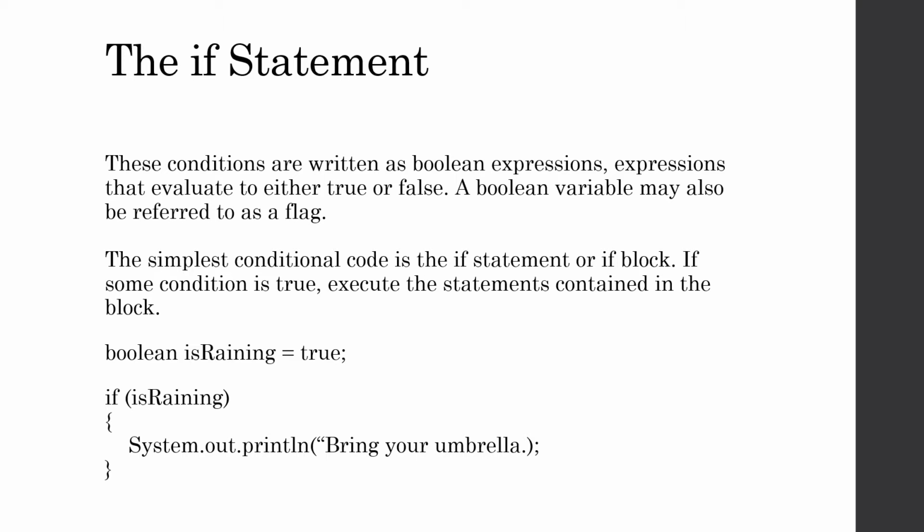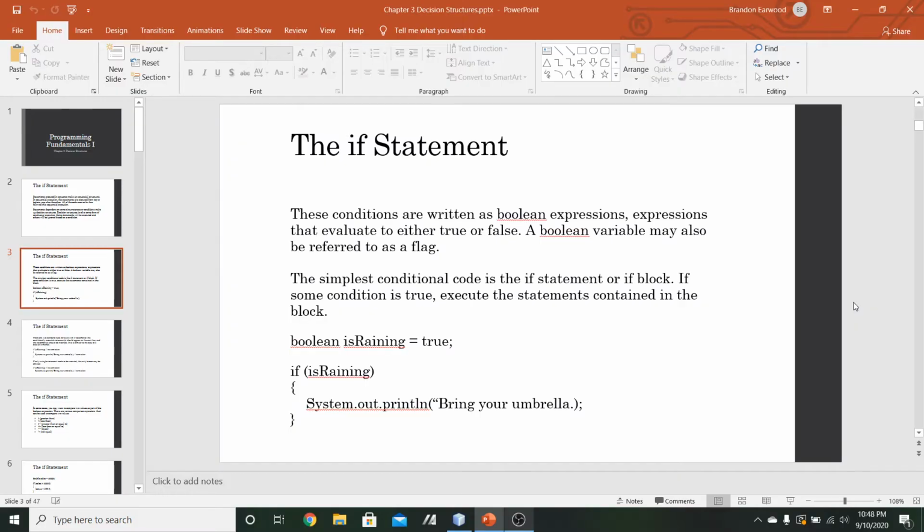In this case, we're just going to put in a variable of type Boolean. So we're going to use that Boolean isRaining. That's currently set to true. So because it's set to true, we're going to execute the statement that is inside of the curly braces just underneath our if statement. That's going to essentially make up the block of code that we will conditionally execute. So you can see right here, if it is raining, we're going to print out the statement, bring your umbrella.